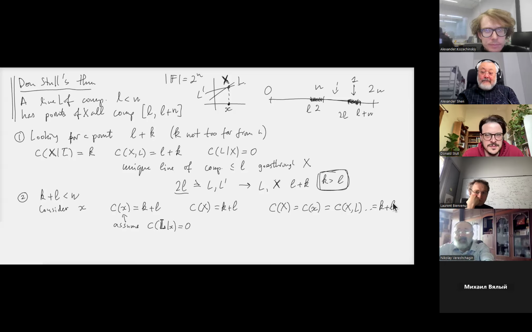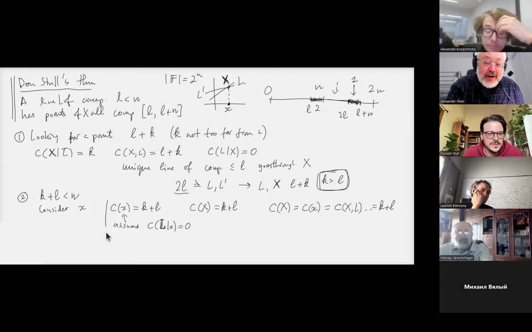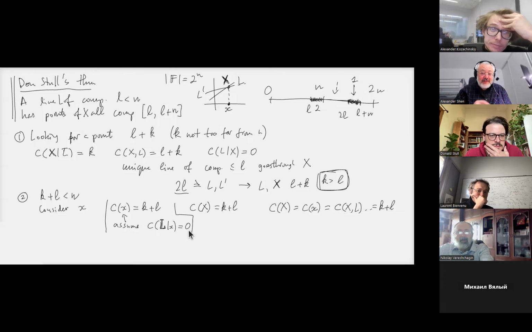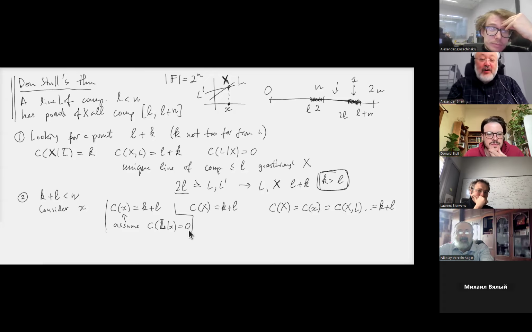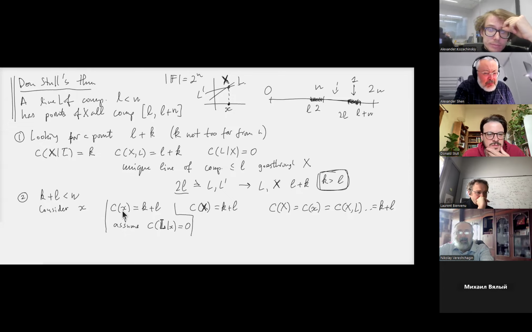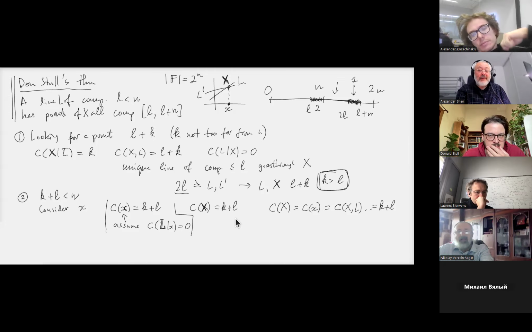Wait. Why are we done? So what was our goal? First, do you agree that we can find a point with these properties? Yes. And then the complexity of... not a point, a coordinate with this property. And then the complexity of the point. I see how to prove all these inequalities.